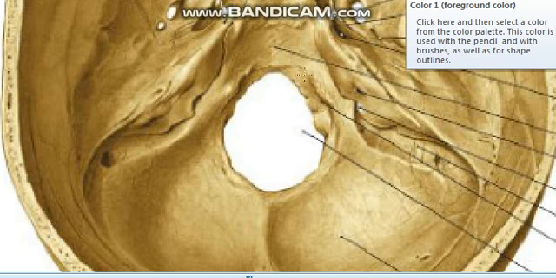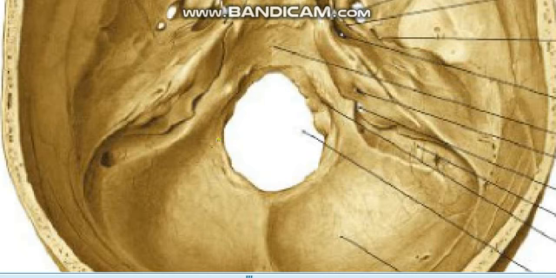In the anterior margin you have the attachment of the anterior atlanto-occipital membrane, and to the posterior margin of the foramen you have the attachment of the posterior atlanto-occipital membrane. So anterior and posterior atlanto-occipital membranes are attached to the margins of the foramen magnum.